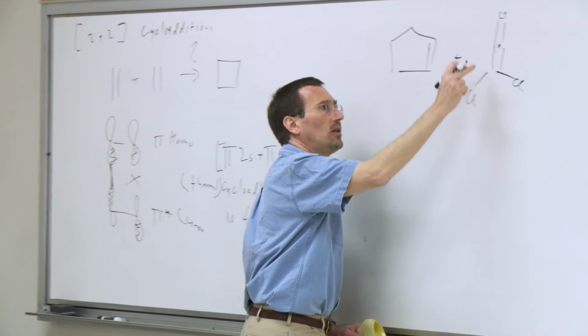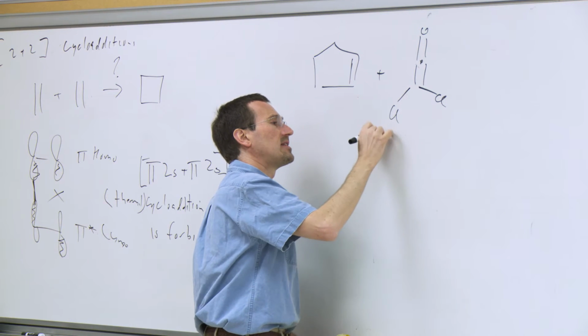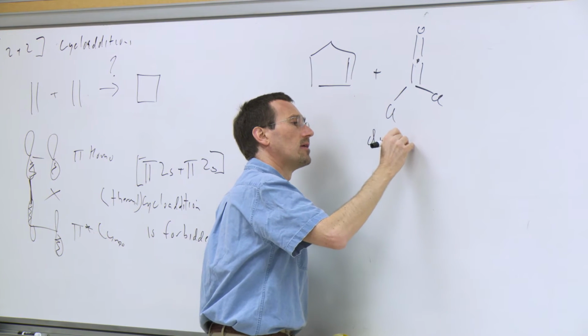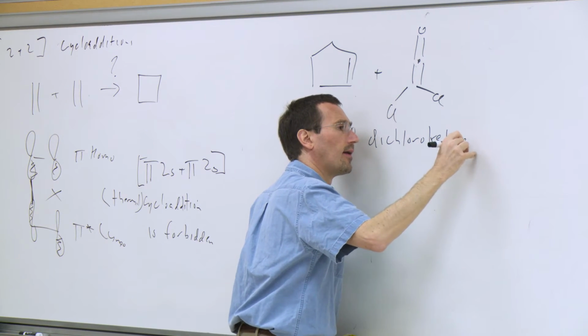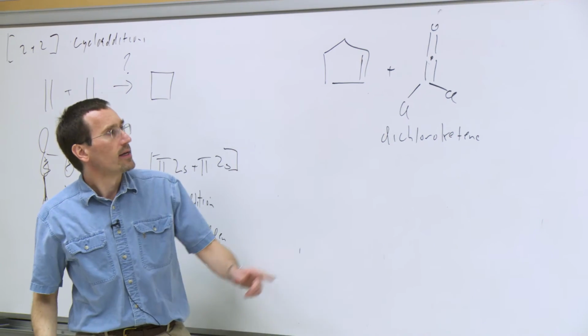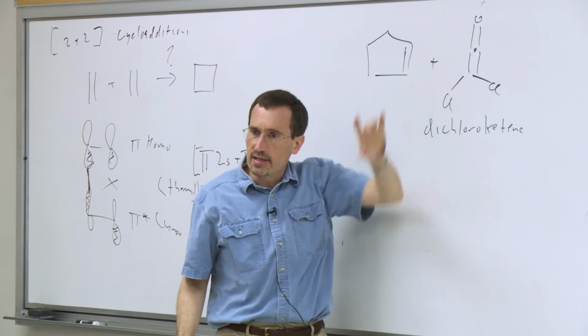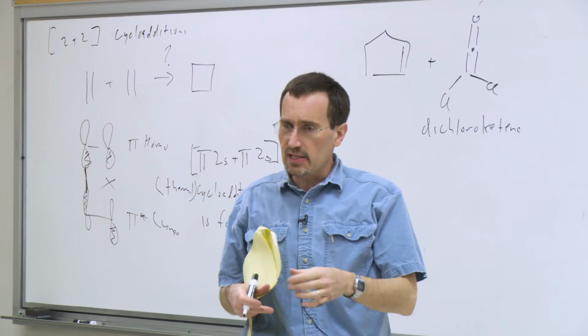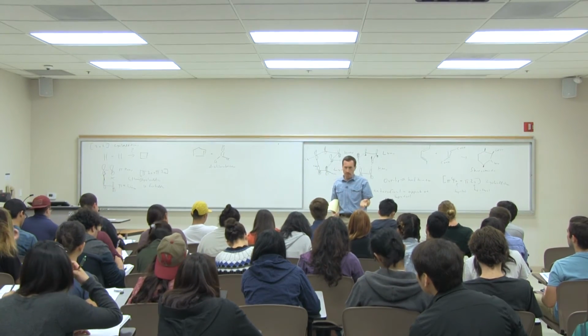So the example here I'll give you is cyclopentene plus dichloroketene. Dichloroketene is a cumulated system. Cumulated systems mean you have two double bonds attached to the same carbon.